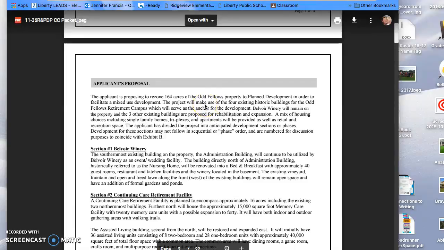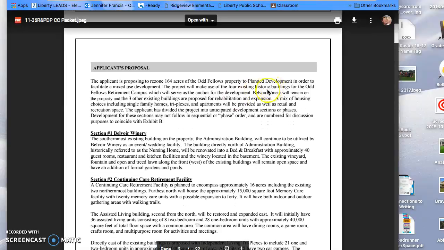And as you have already been told, there are 4 historic buildings that are on the site that will need to be designed around. And then there's also a business that is already on the property that will also remain.